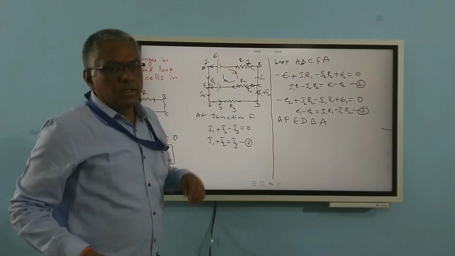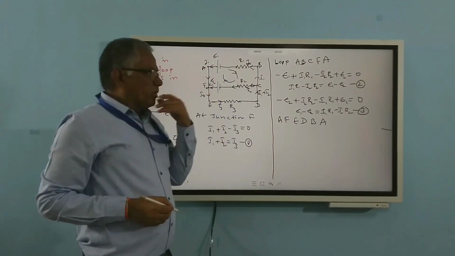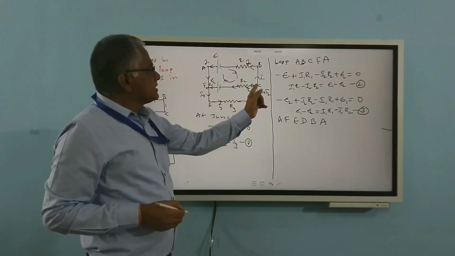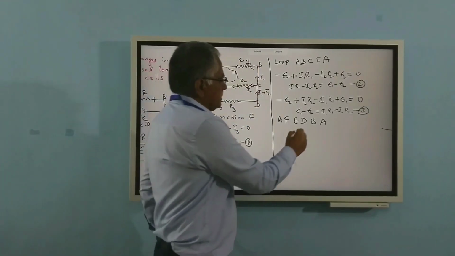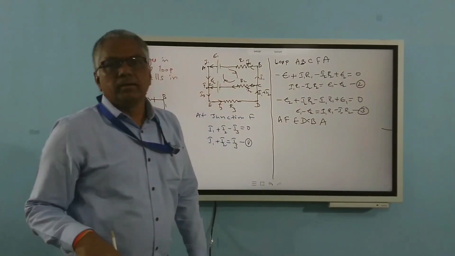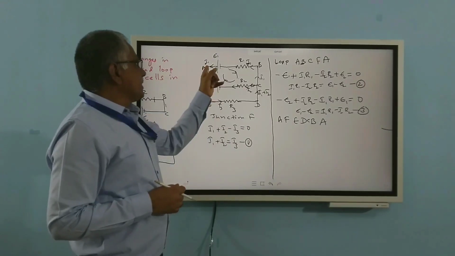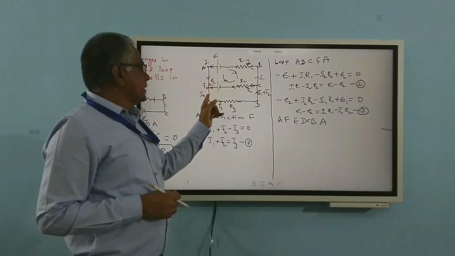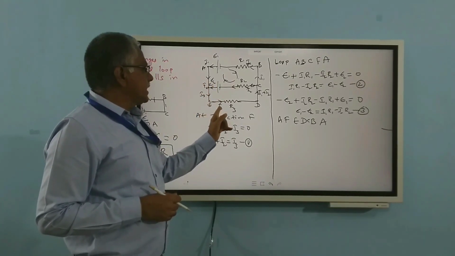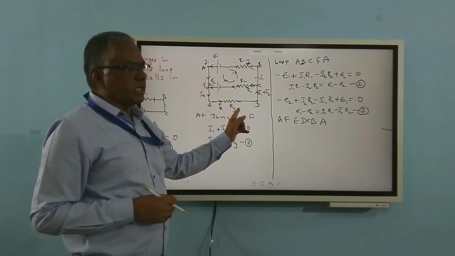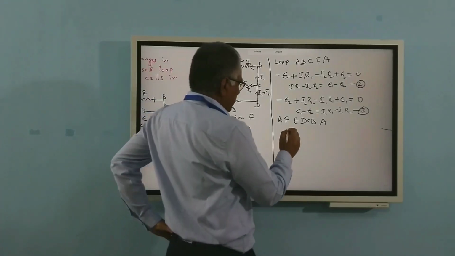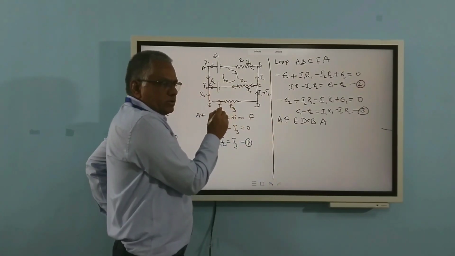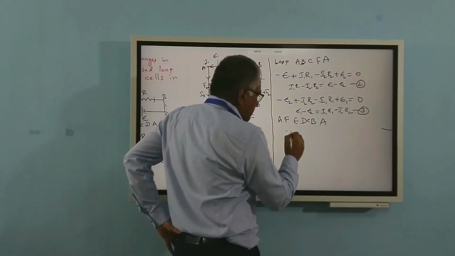B, A, that is, again anti-clockwise direction we can go. A, F, E, D, C, B, A. Like that. Now, starting from A, you see here there is no resistance because there will not be any potential drop. Go come here, I3 is passing through the R3. I3 R3. In the same direction we are going. Same direction means we will take as the minus.